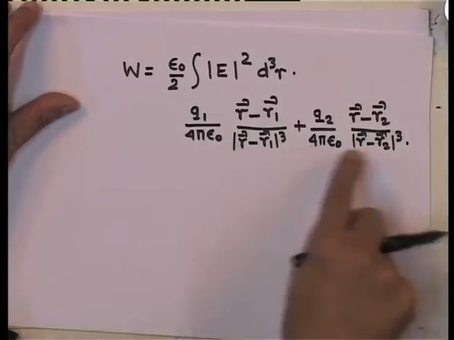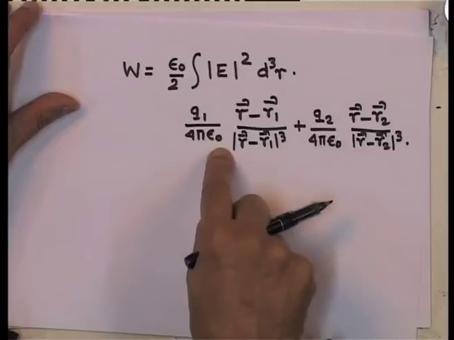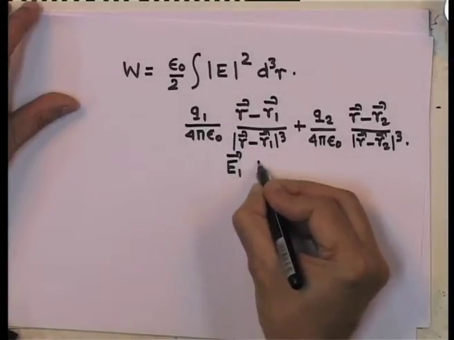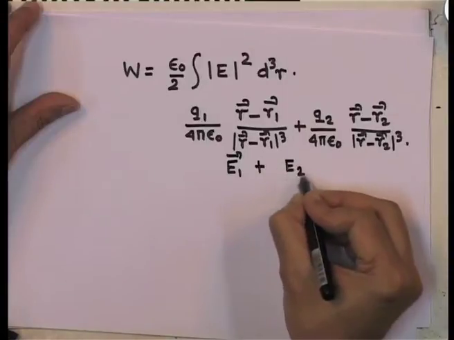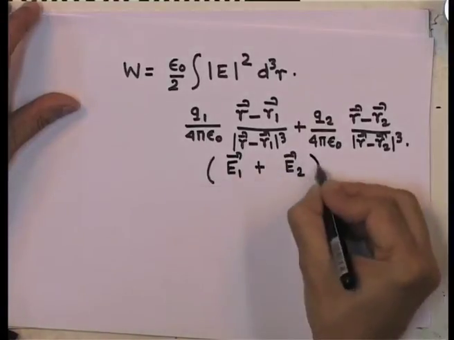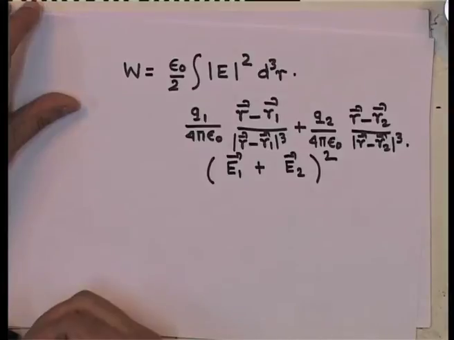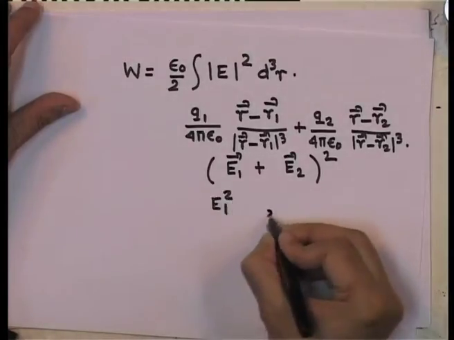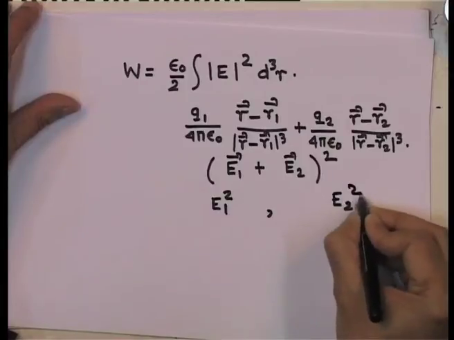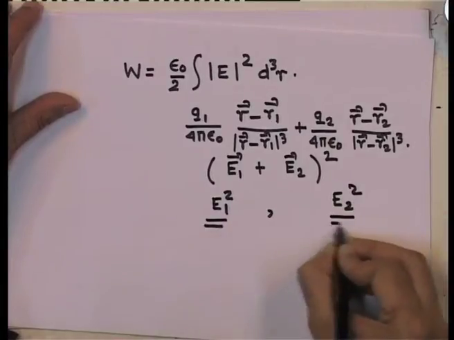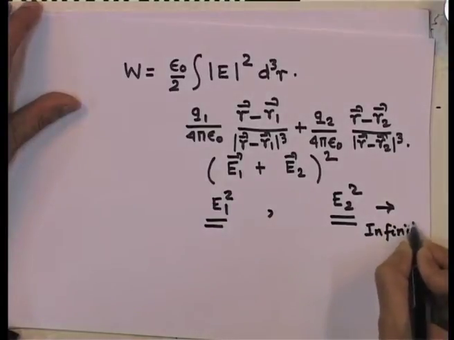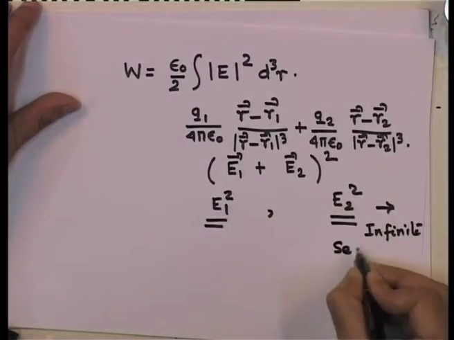Now, when you take the square of this, notice that the electric field satisfies the superposition principle, but its square does not. So, I will have terms which are E1 square and terms which are E2 square, and if you calculate these two, they will turn out to be infinite, which is what I have been calling the self energy.